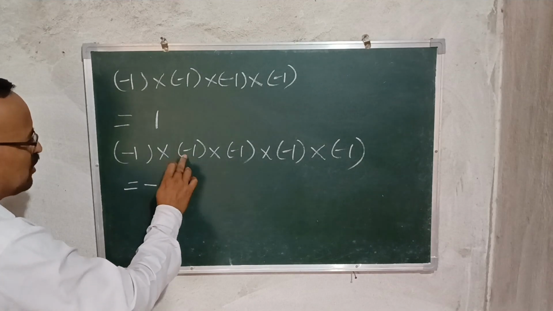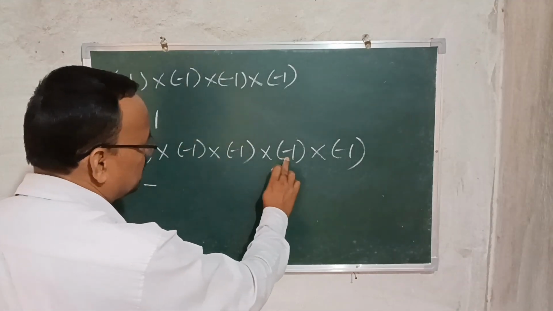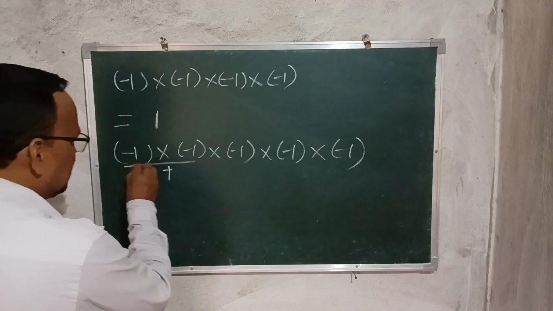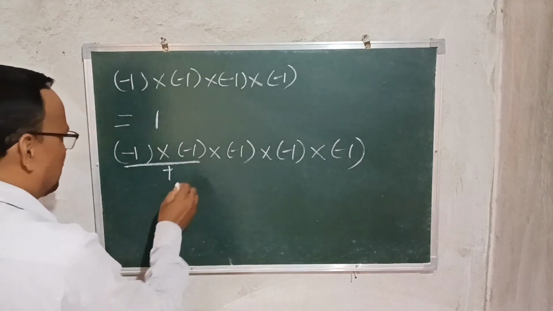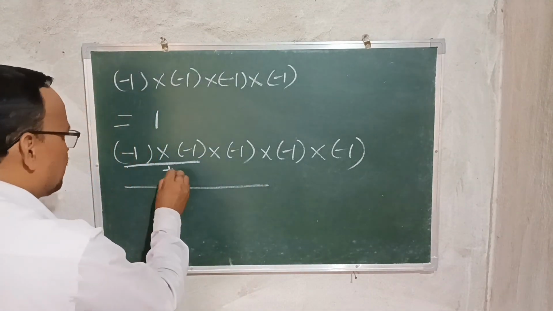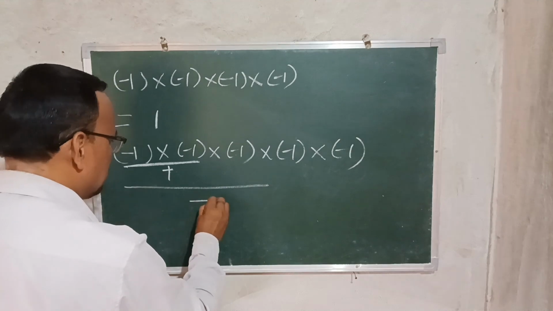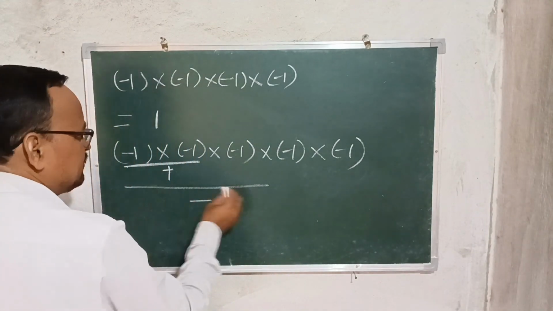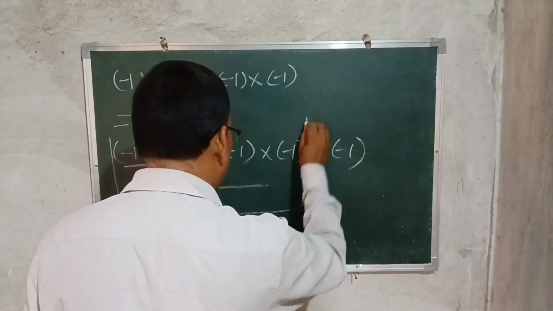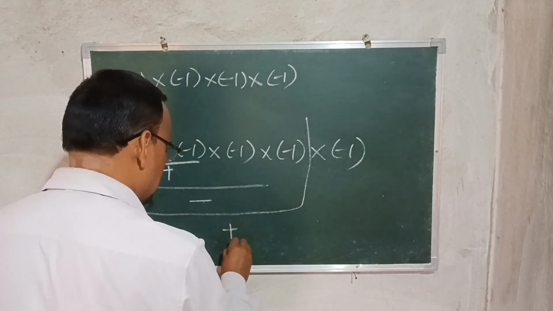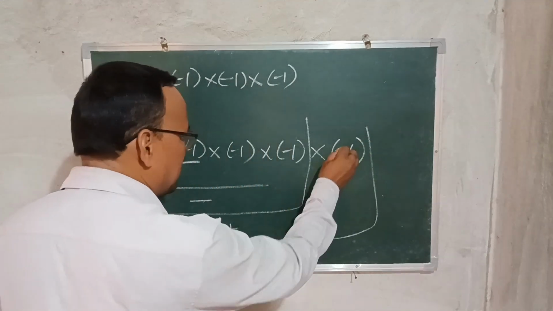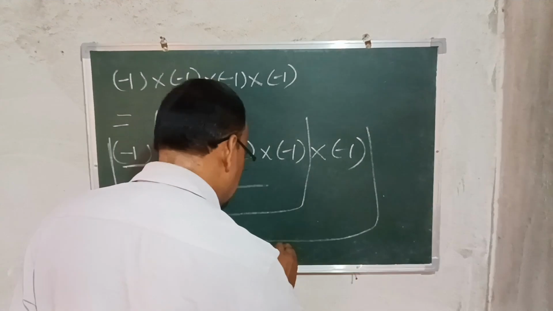When the first two are multiplied, minus minus is plus. When three are multiplied, plus into minus is minus. When four are multiplied, minus minus is plus. When five are multiplied, plus into minus is minus.